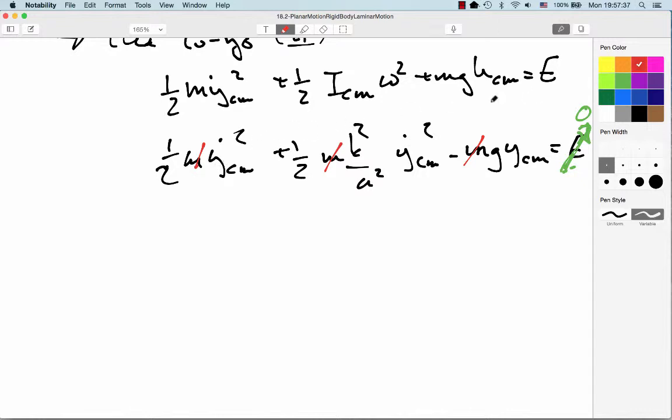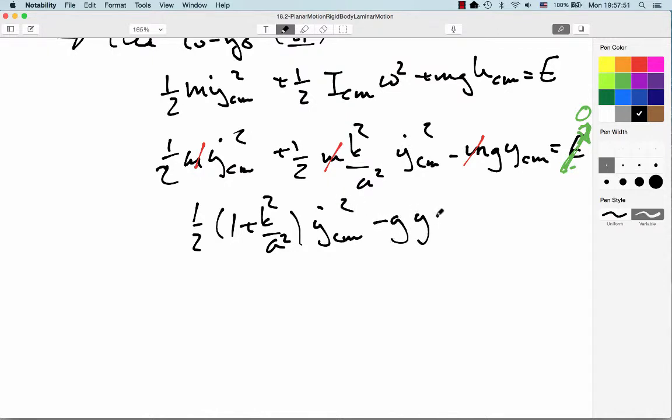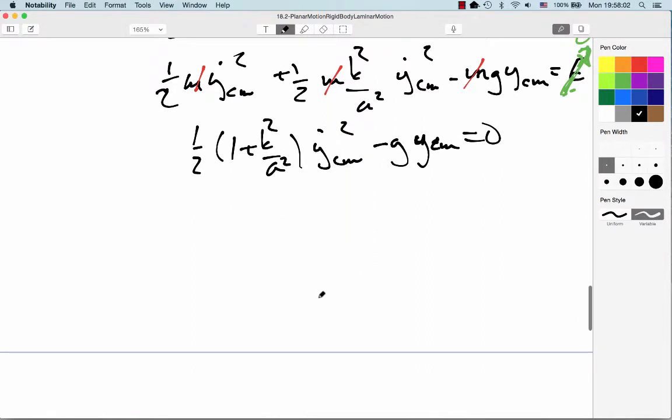So we'll get a 1/2. I can group the y_cm dots, so 1 plus k squared over a squared, y_cm dot squared, minus g y_cm equals 0. Okay, now the trick here to take this further, like we've done before when we've solved with energy, is to take this whole expression and differentiate it with respect to time.